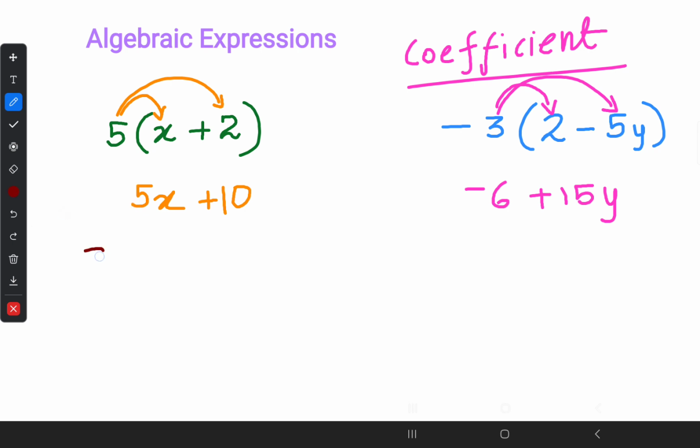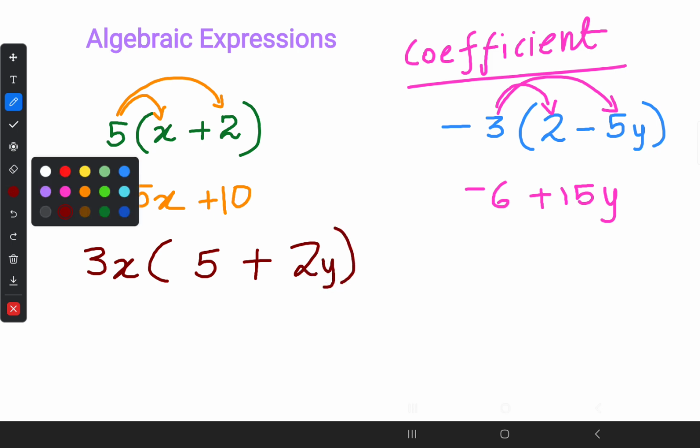Likewise, when I give you 3x, here you have 5 plus 2y. So how do we expand this? Same as the previous one.